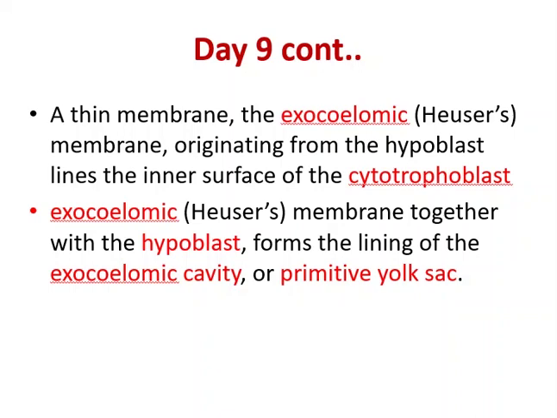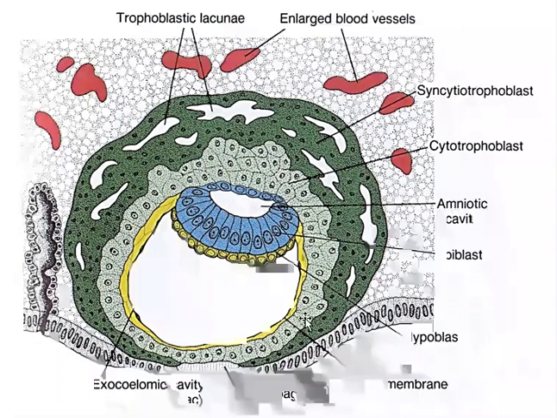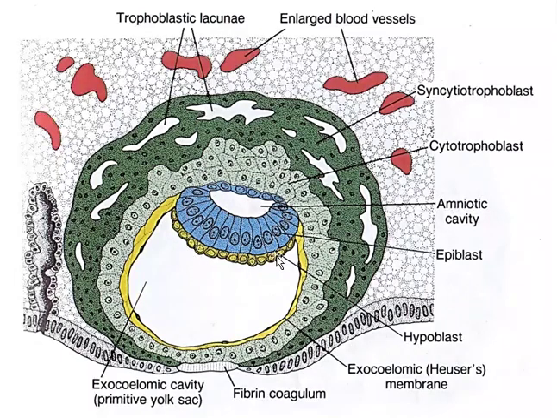membrane and hypoblast. In this figure, we have the syncytium with the lacunae, the syncytial trophoblastic layer. Here we have the cytotrophoblast layer. Here we have the embryonic disc with epiblast and hypoblast.